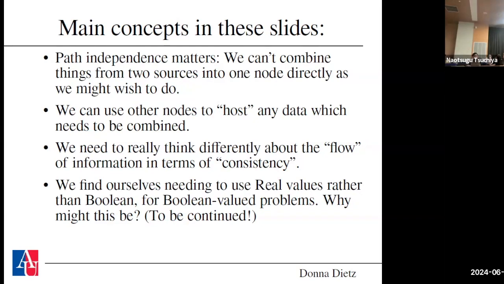This stuff comes from these headquarters nodes where the data collect up and then spread out. So it's a different way of thinking. And for some reason, we'd rather use real valued numbers, even if it's a Boolean question. Why? To be continued.